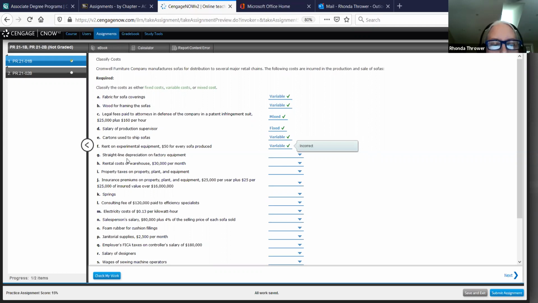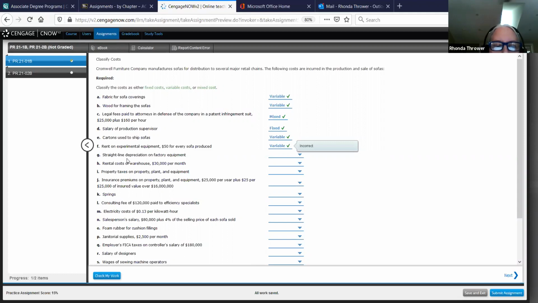Other depreciation methods might not have the same depreciation amount associated with it. So if you ever see something like the units of production method of calculating depreciation, it would be a variable cost.